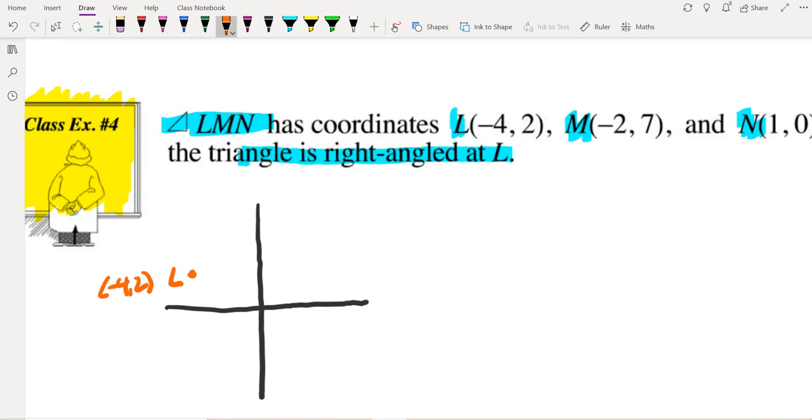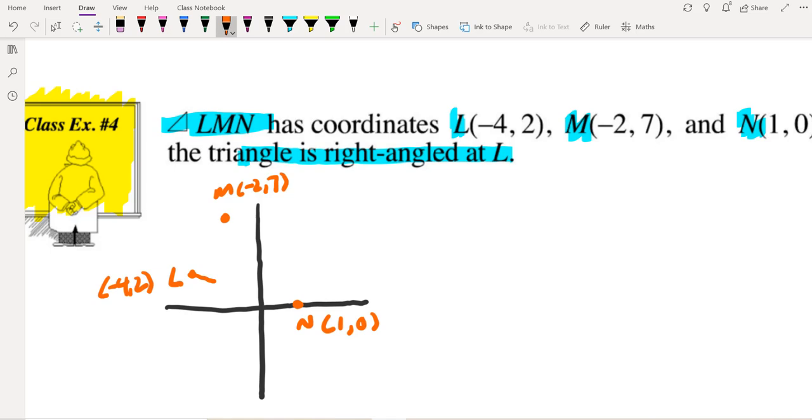And they're saying M is at negative 2 and 7. So it's a little bit closer to the y-axis and definitely higher up. So I'm going to put M right here. Right? Negative 2, 7. And N is at 1, 0. So something like this right here. That would be where N is, 1, comma 0.